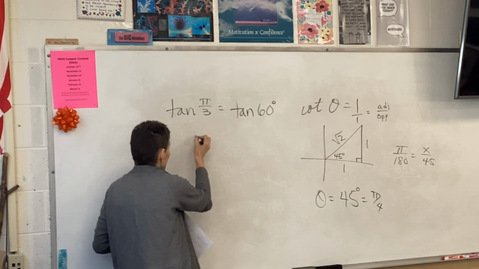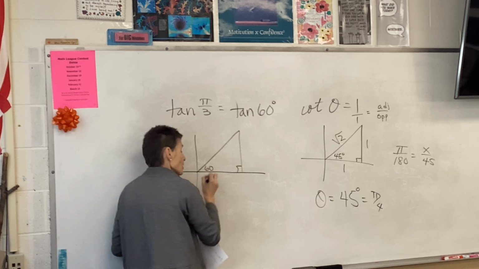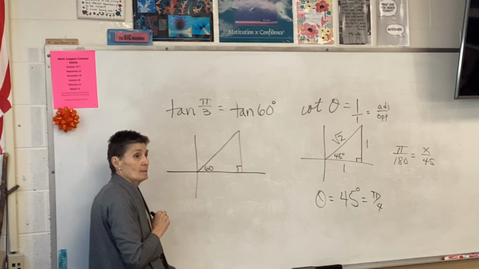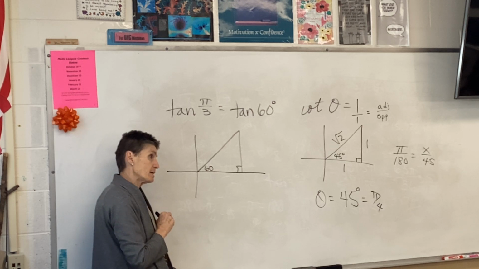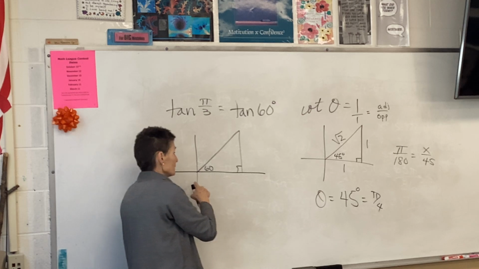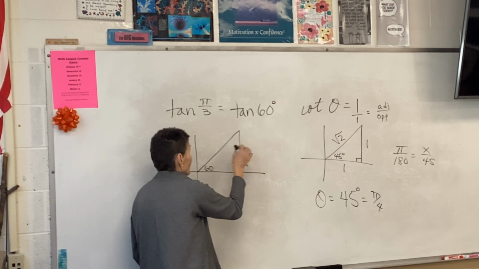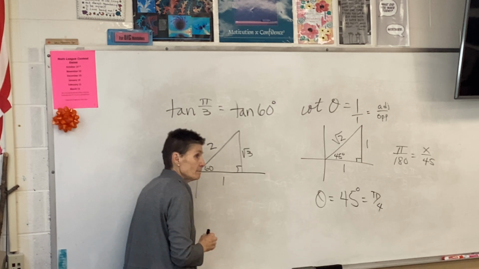So I'm going to draw the exact same kind of picture, only this time I know that's 60. And as soon as I know that's 60, then I automatically know this side is what? Root 3. Well, that angle is 30, but the side is root 3. This is 2 and this is 1.